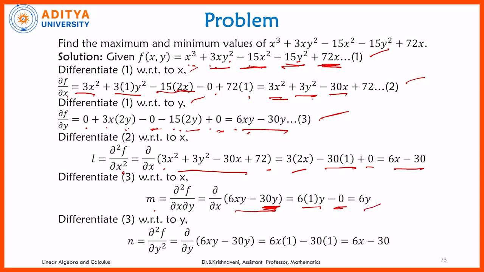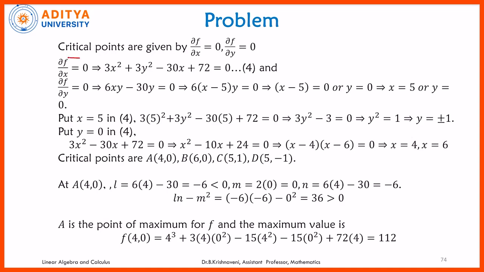Next, differentiate dou f by dou y with respect to y again, which is N, dou square f by dou y square. Dou by dou y of dou f by dou y is 6xy minus 30y. That is equal to 6x into y derivative is 1, minus 30 into y derivative is 1, which gives 6x minus 30.